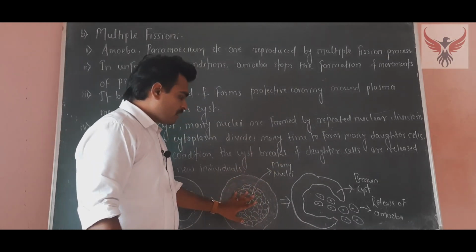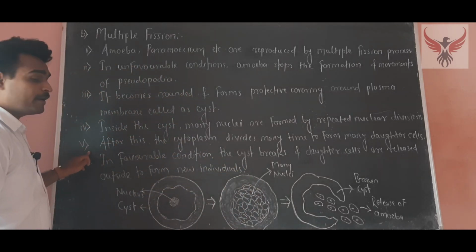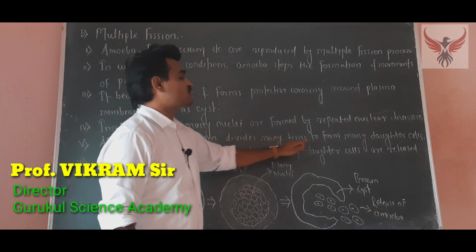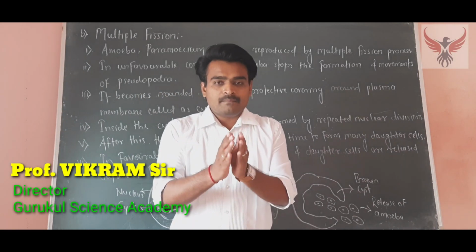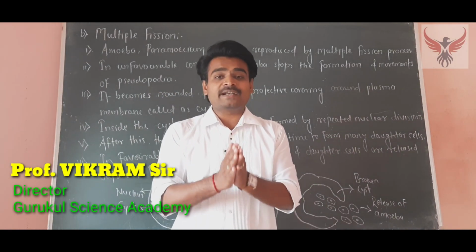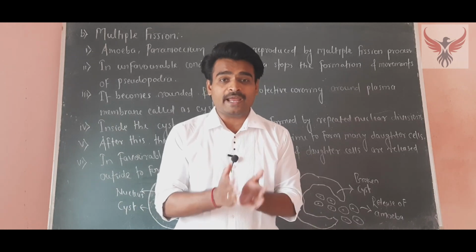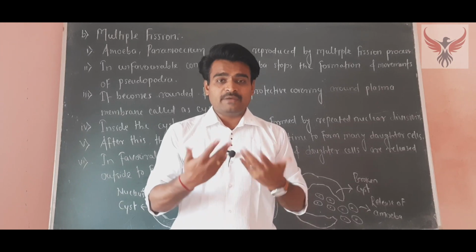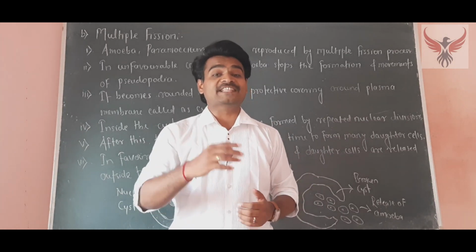The fifth point here is, after this the cytoplasm divides many times to form many daughter cells. At first the nucleus undergoes repeated nuclear division forming many nuclei, and after that the cytoplasm divides many times, forming many daughter cells.